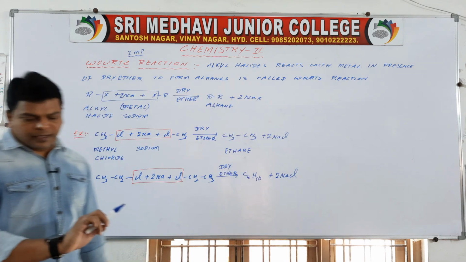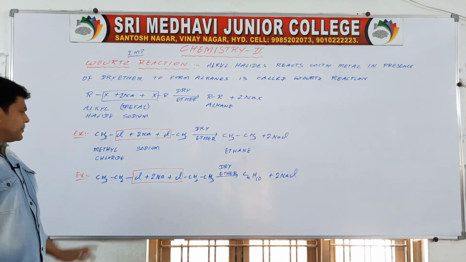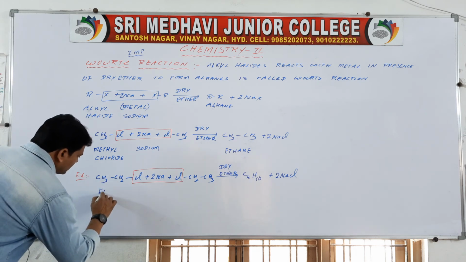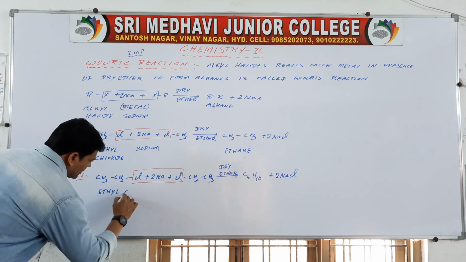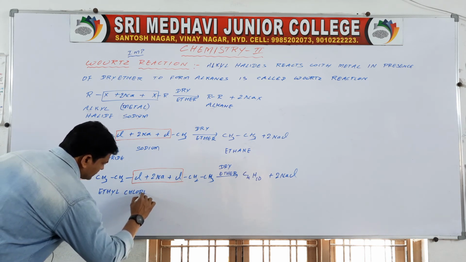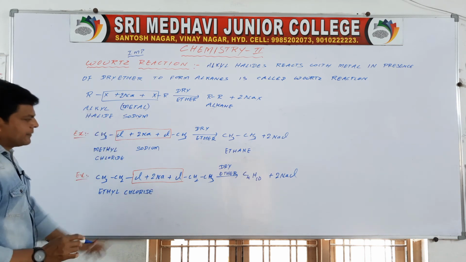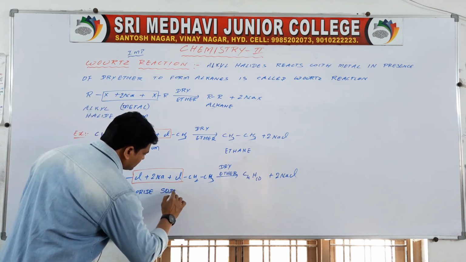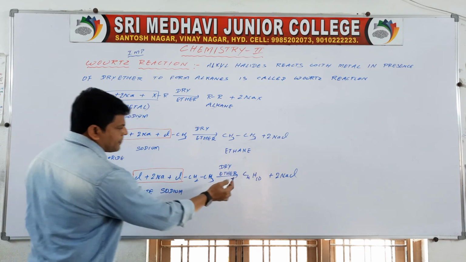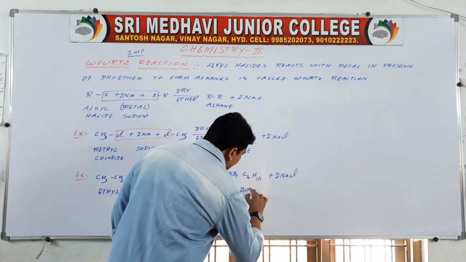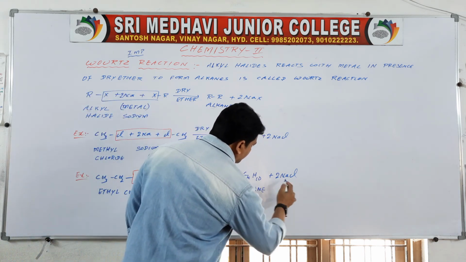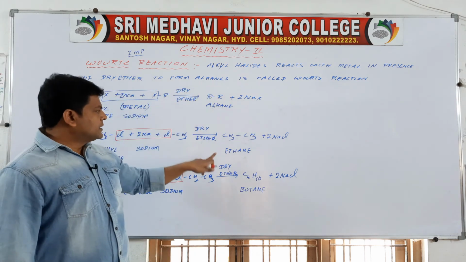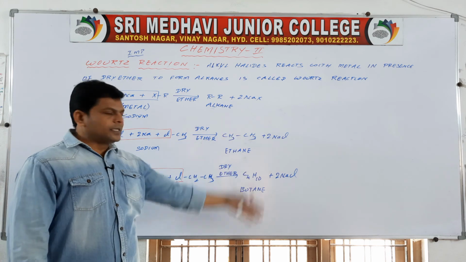Understand? It is ethyl chloride, it is sodium, and the product is butane. So it forms alkanes: ethane, butane, like this.